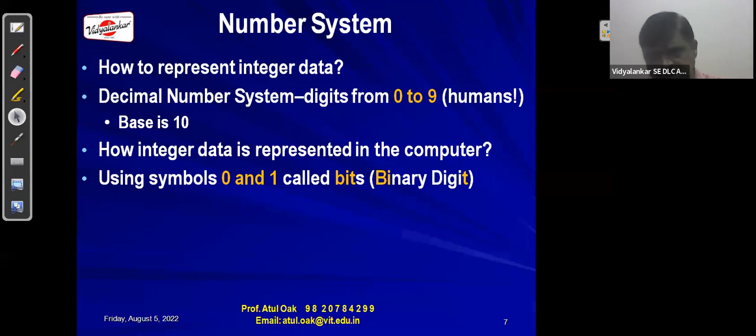I will add only one statement. 0 is a low voltage and 1 is a high voltage. 0 is a low voltage like 0 volt, and 1 is a high voltage like plus 5 volt. That all the details will come as we go ahead.